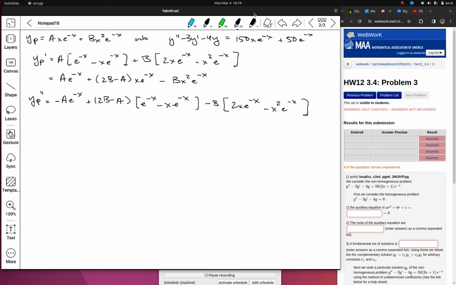And then I want to make sure I don't make any mistakes, so I'm going to go ahead and slowly multiply all this out and then combine my terms again. So those two I just get from multiplying out the middle term. And then when I multiply this minus B with that minus x^2, just remember it throws a positive sign out.